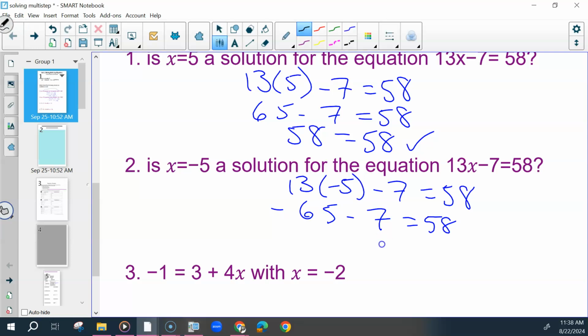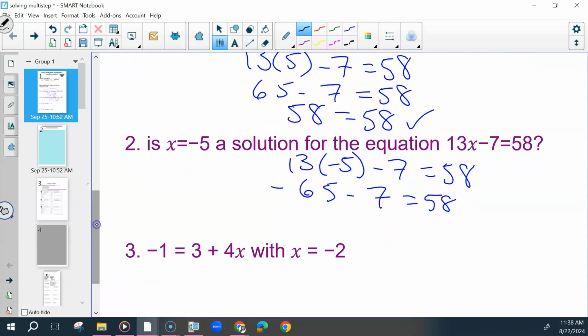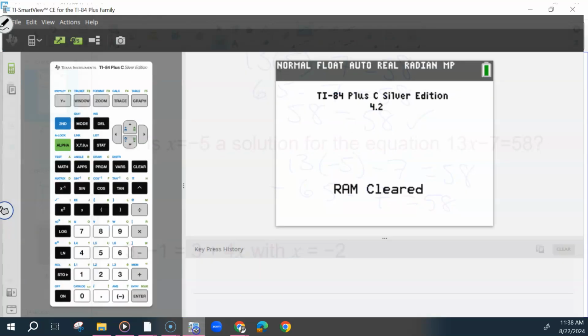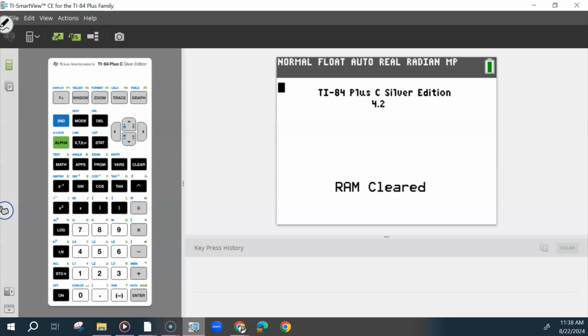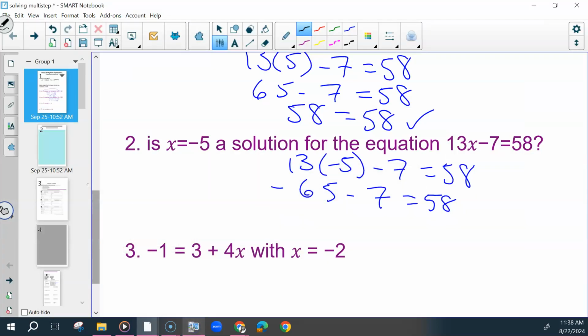And then when I subtract this, what would we get? So make sure you're typing in negative 65 minus 7. Negative 72, yes.